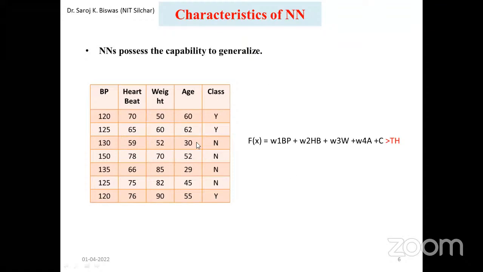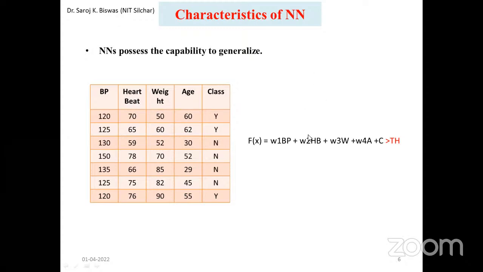For example, here we have input attributes: BP, heartbeat, weight, and age, and finally the output is the class label. Now for BP, from this database we can find a weight. This weight represents the impact of BP in classification, right? Then similarly, we can find the impact of heartbeat in terms of weight.